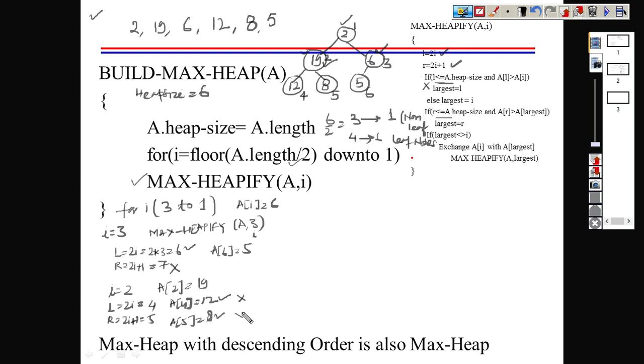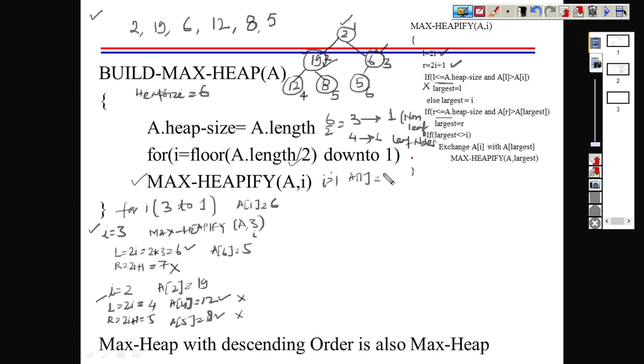That means there is nothing to do and it will not make our recursive Max-Heapify call, and you will exit from this and go to the next iteration. The next iteration is i equals 1, because the iteration goes in decreasing order: i equals 3, i equals 2, and i equals 1. We have already seen 3 and 2, now i equals 1. A of 1 is 2.